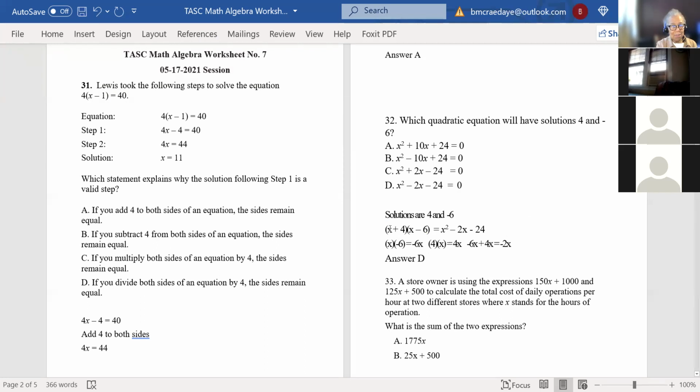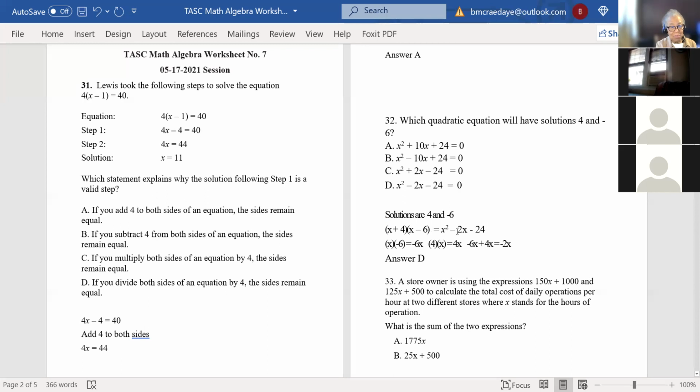You take these factors and multiply each term here by each term in the second set. So x times x, x times minus 6, 4 times x, 4 times minus 6. That's how you get the x squared, because you combine your x's.